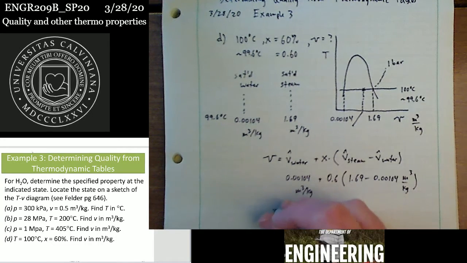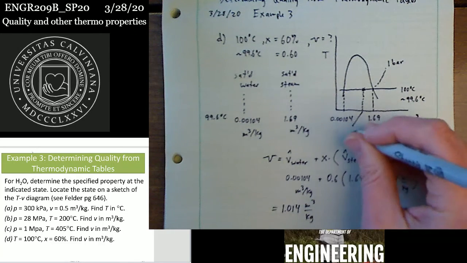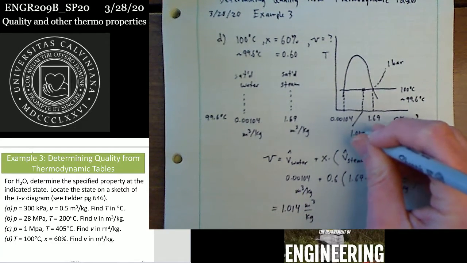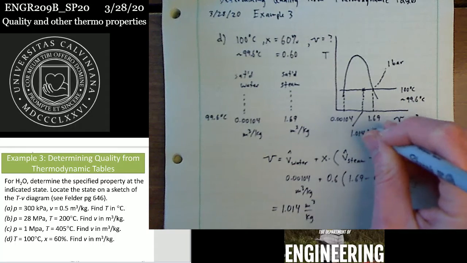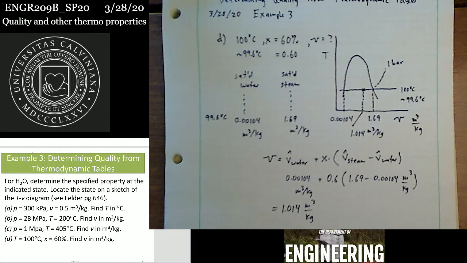When we evaluate that, we find that at this quality, the specific volume, or the inverse of the density for the steam, is 1.014 meters cubed per kilogram. So this point here lies between 1.69 and 0.00104.